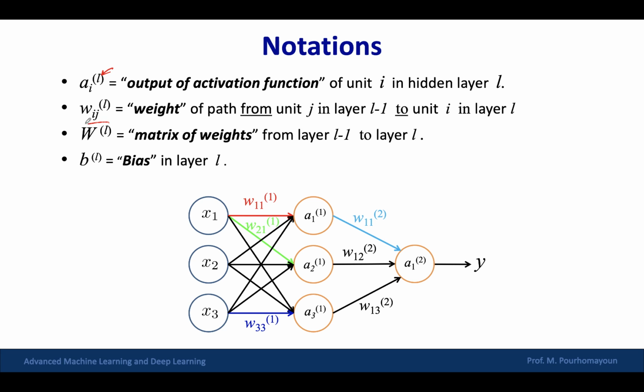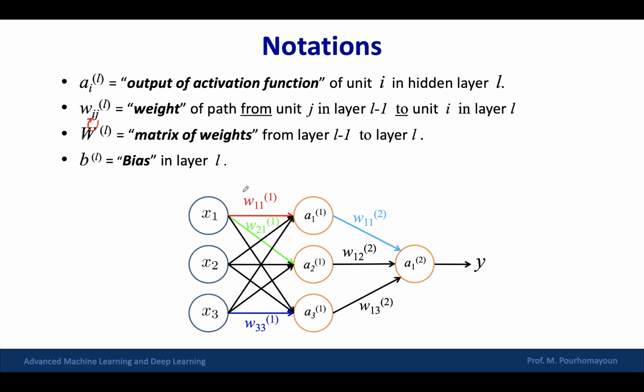And then we have weights. Wij superscript l is the weight of the path from unit j in layer l-1 to unit i in layer l. So in fact, this Wij shows the weight of the path from unit j to unit i of layer l.